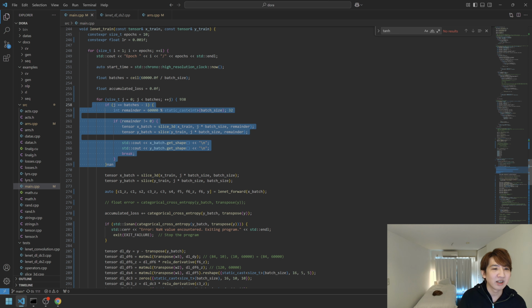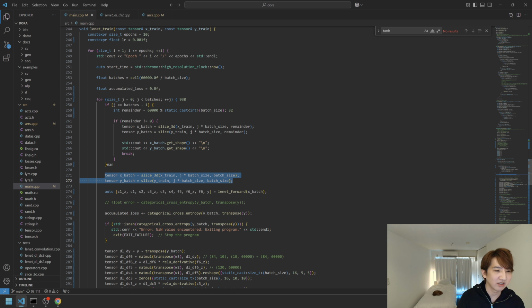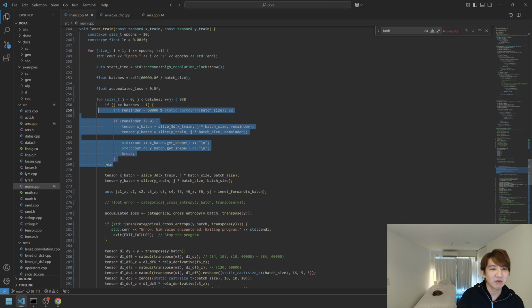So first I calculate the number of batches by dividing the size of the dataset by the batch size. I chose 64 for the batch size, and we loop through the number of batches except for the last index of the loop. We just slice the dataset into batches, so these X and Y would contain 64 samples each, and for the last loop, I would calculate the remainder by modding the dataset size by the batch size.